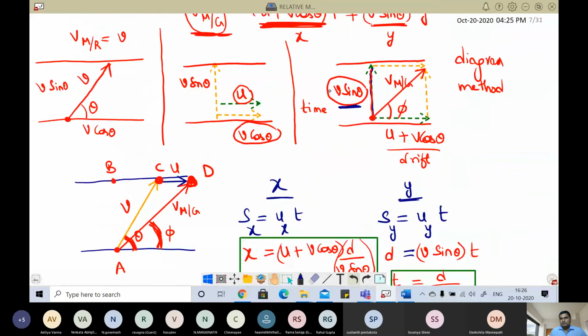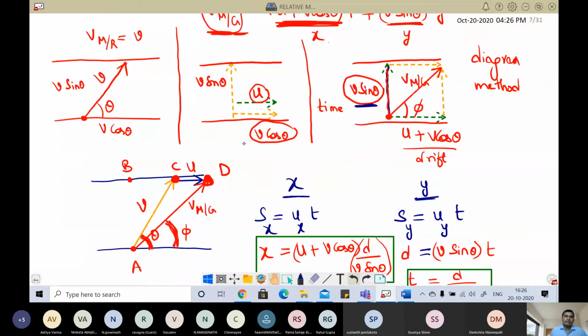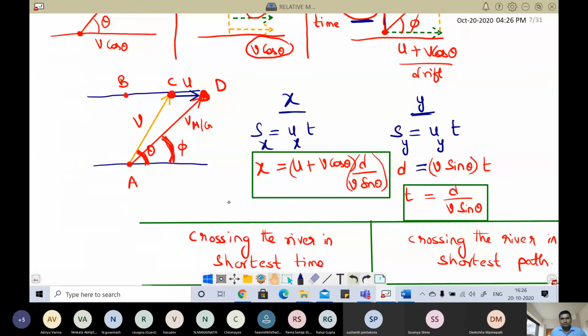Which is equal to u plus v cos theta i cap plus v sin theta j cap. Now you have to substitute theta: sin 90 is 1, cos 90 is 0. So that means u i cap plus v j cap.